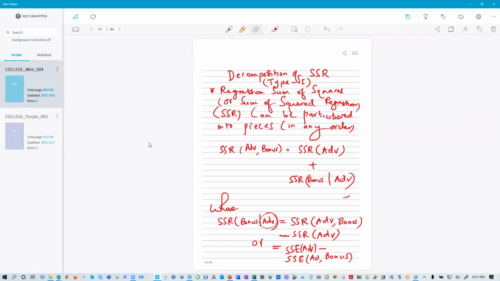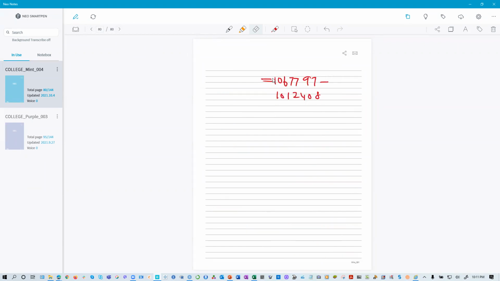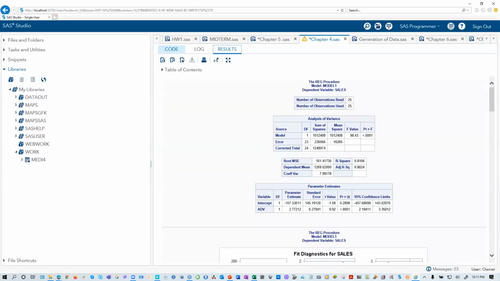I'm plugging into this formula: the top one, SSR of the double one minus SSR of the single one. Subtract, and they say you get what? This guy.